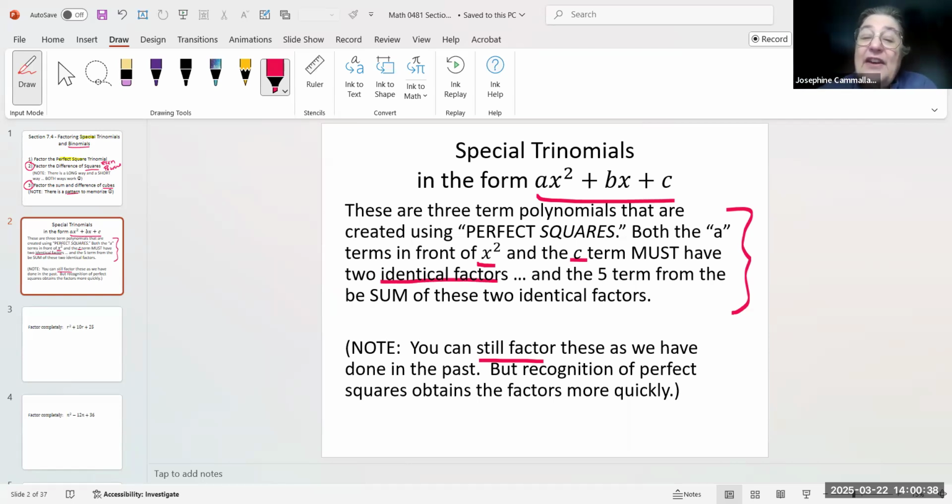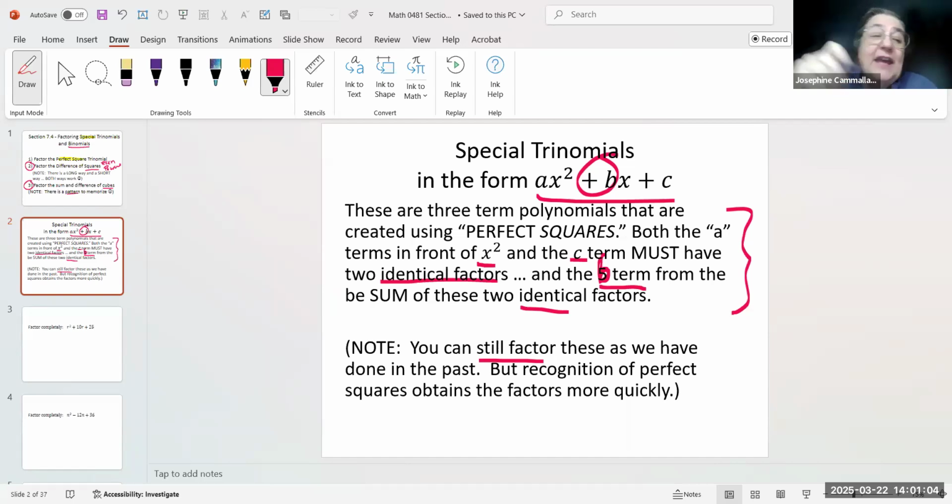And the b term, there's an error there, the sum of these 2 identical terms must give me here. Now, let me explain it to you because it's a lot easier to do.